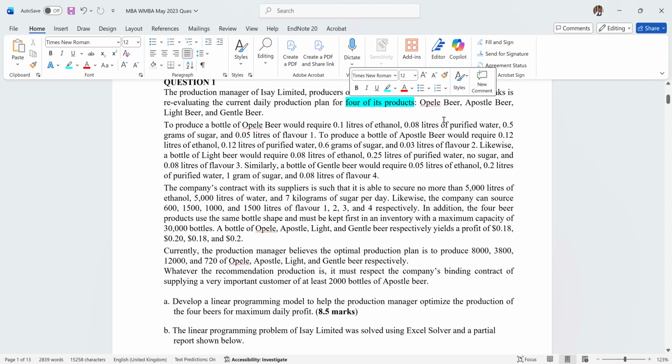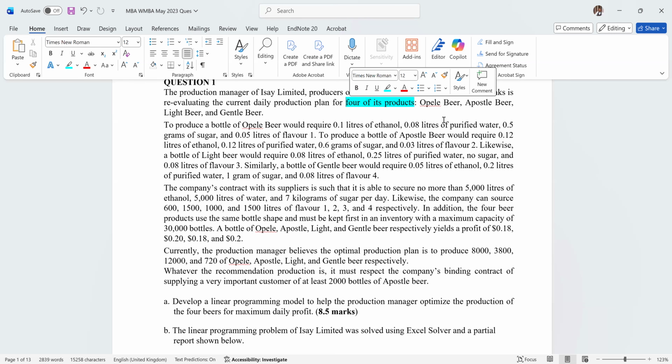To produce a bottle of Opele beer, it will require 0.1 liters of ethanol, 0.08 liters of purified water, 0.5 grams of sugar, 0.05 liters of flavor wine. To produce only Opele beer. Those are the things you need.